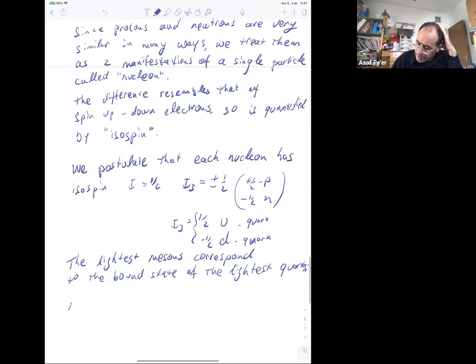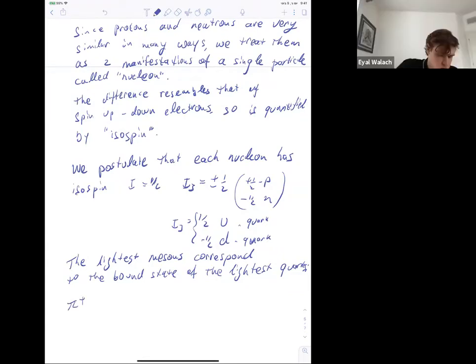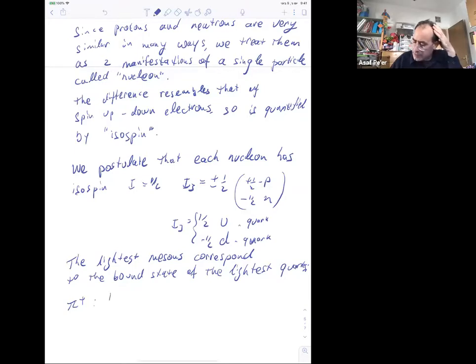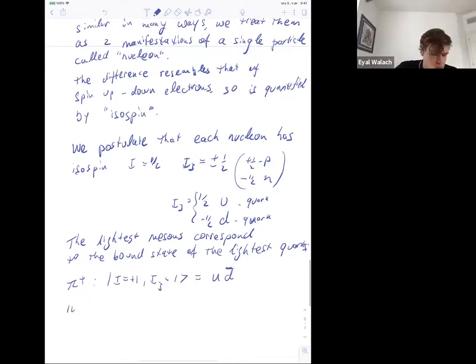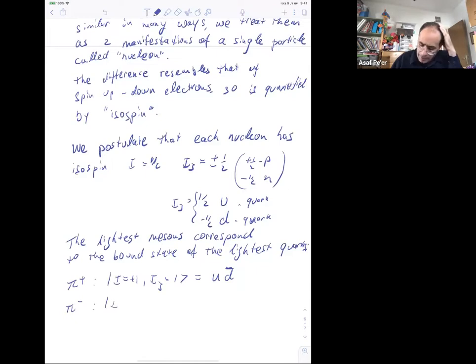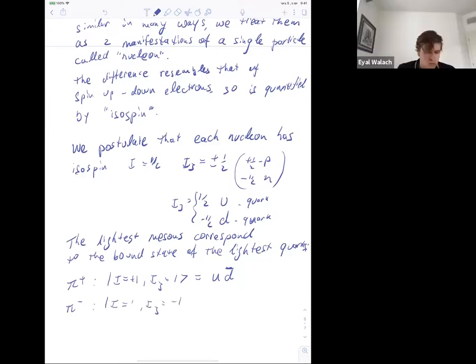So for example, the charged pion, I can think of it as a state with I equal 1 and I3 equal +1. So it's really made of an up and an anti-down quark. For the negatively charged pion, this will simply be I equal 1 and I3 equal -1.